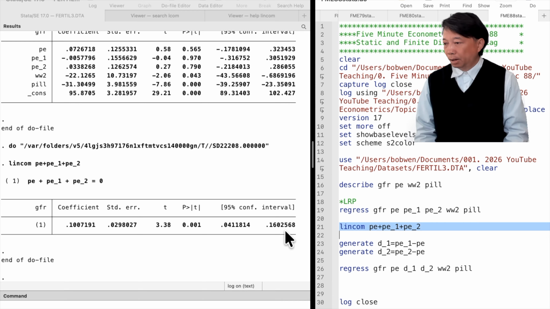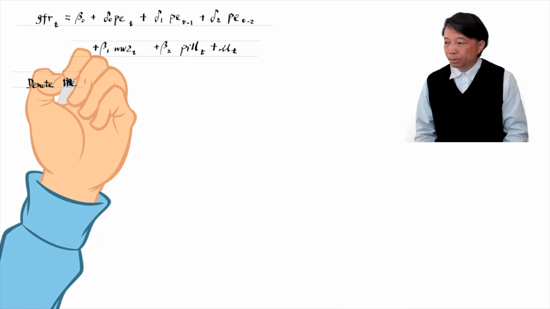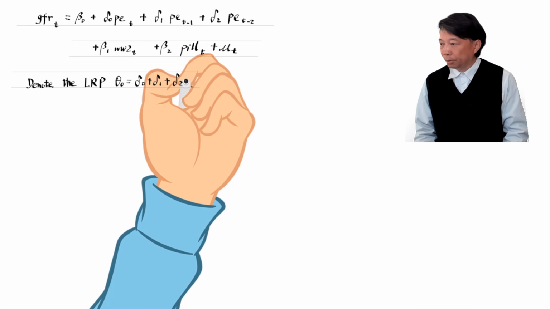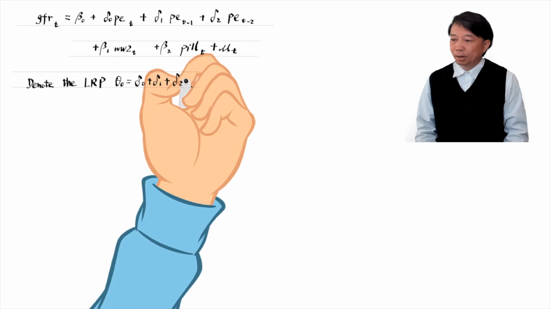The second method is to rearrange the variables so that a coefficient equals the long-run propensity. To do that, we denote the long-run propensity theta 0, which is the sum of sigma 0, sigma 1, and sigma 2.